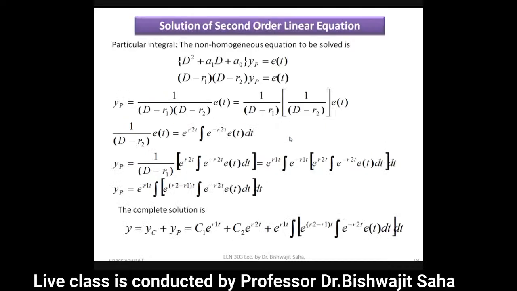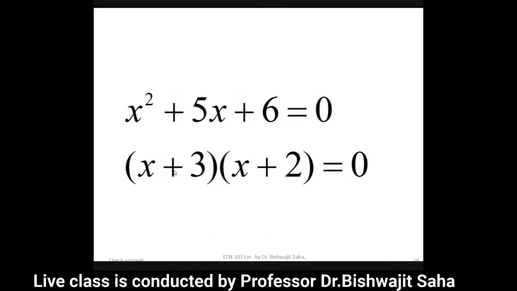So in that case, the particular integral is going to be e to the power minus 3t, integration of e to the power (minus 2 plus 3)t, integration of e to the power minus 2t and Vs of t dt, overall dt. It's clear how R1 and R2 change because of their root values.